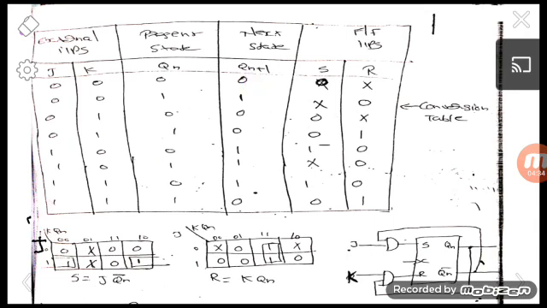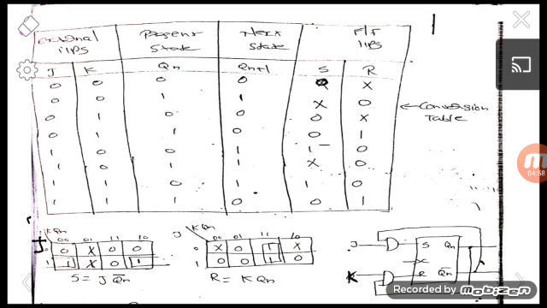And if the present output of the flip-flop is 1, also for 0 0, then the next output will always be 1. The no change condition is applicable here too. And for the next case, for 0 1, we know that the present output is 0.